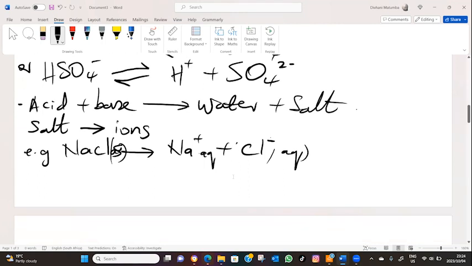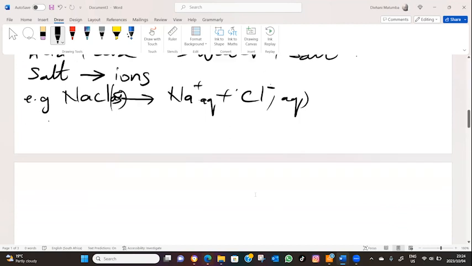Now, the so-called indicators. Indicators are also chemicals.